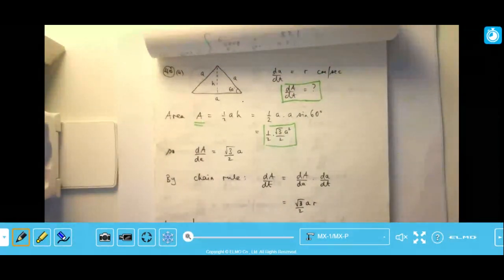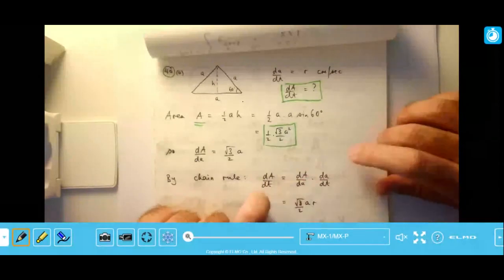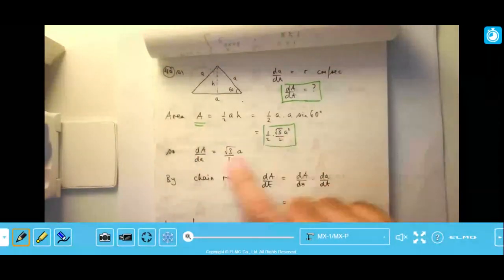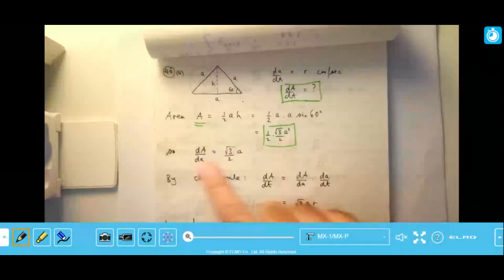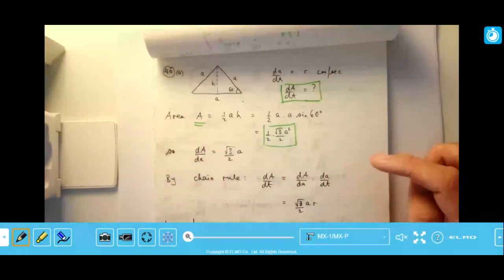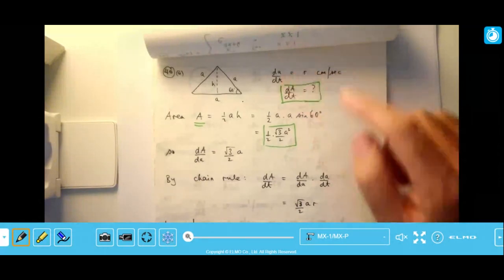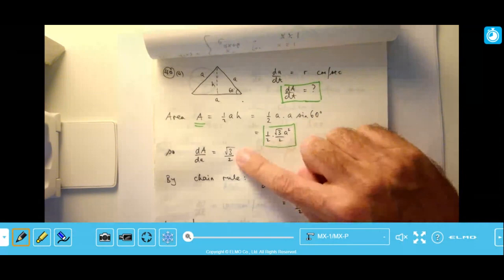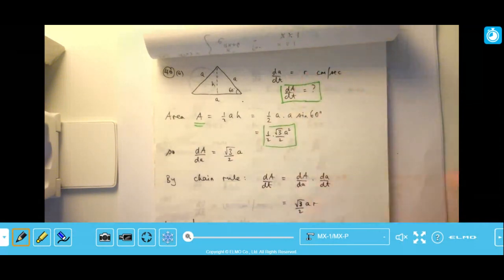You can see here the chain rule is just this product of derivatives. It was easy to get dA/da, no worries. But I want dA/dt. So I'm given this bit of data. By the chain rule, I get that: multiply this with this.